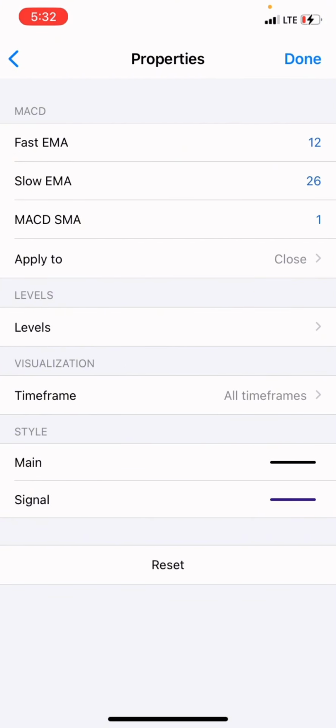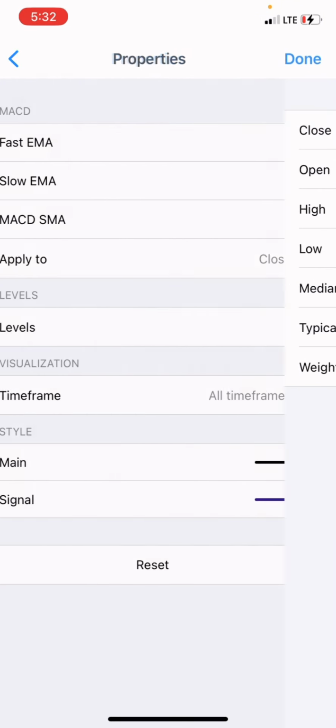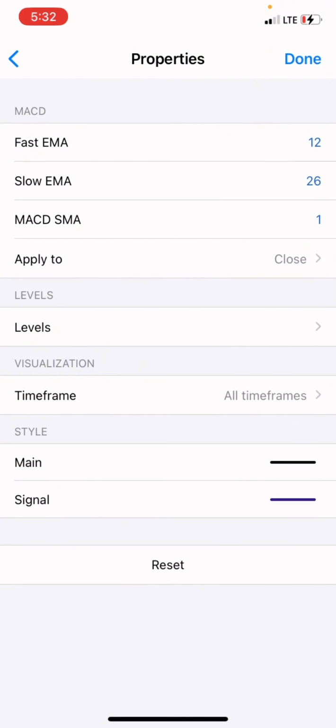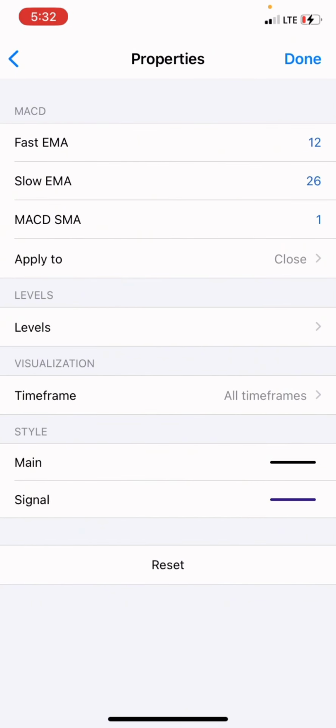MACD, fast EMA of 12, slow EMA of 26, MACD SMA of 1. Apply to close. If you click that, you'll see options to just choose close. Levels are not needed, so you skip that part. Time frame, leave it at all time frames. For visualization, you can maintain the same color as the one on my charts if you have the white background on your charts.